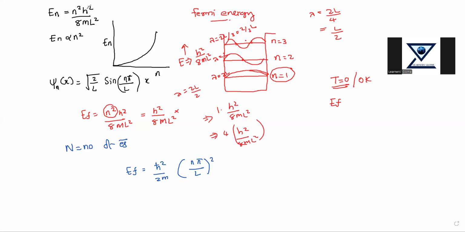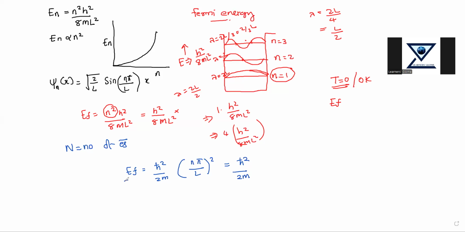In this equation, h by 2π is written as ħ. Then the equation can be modified into the Fermi energy ħ² by 2m into (nπ/L) whole square, or we can write it as ħ² by 2m into n, which is called the Fermi level.